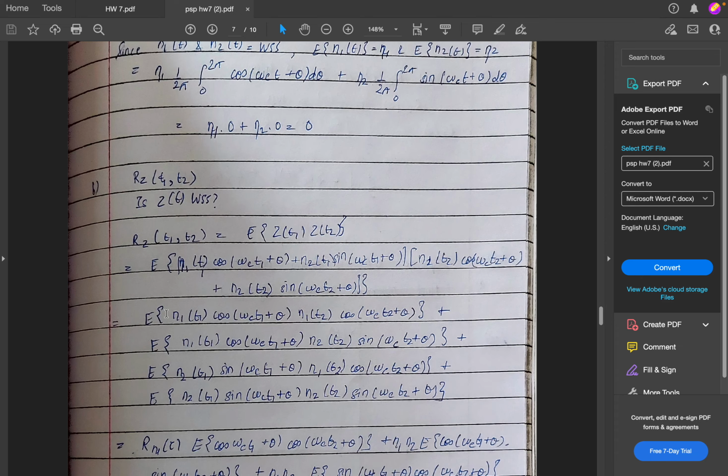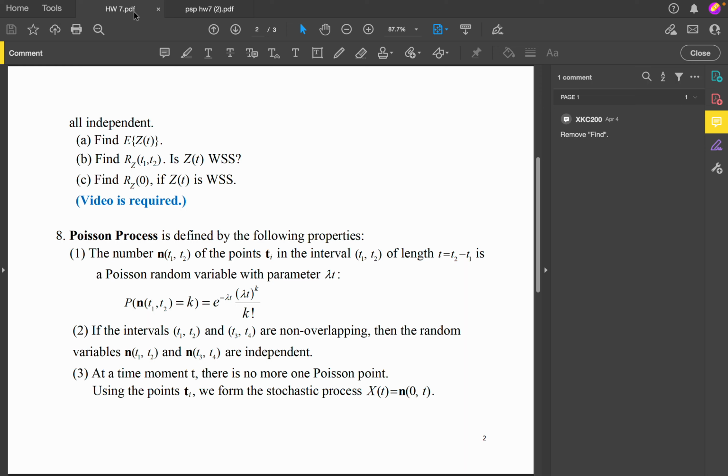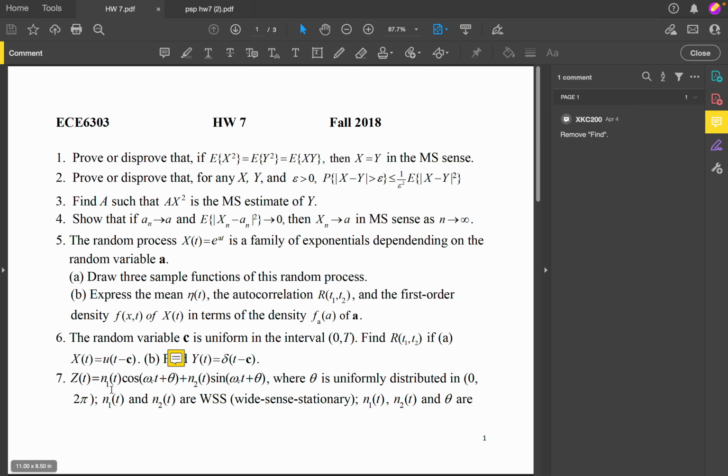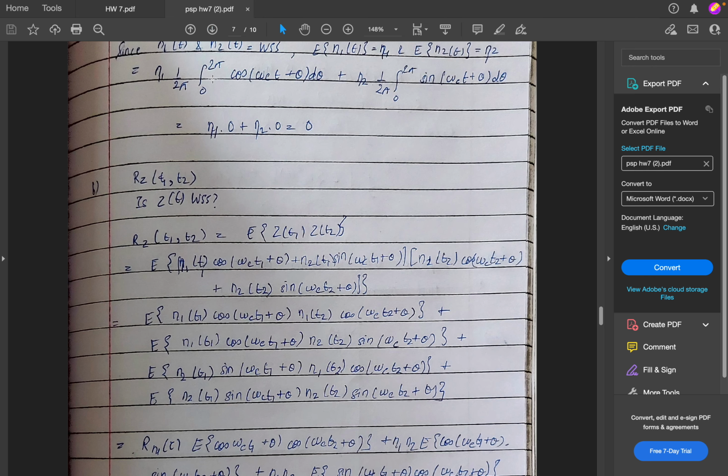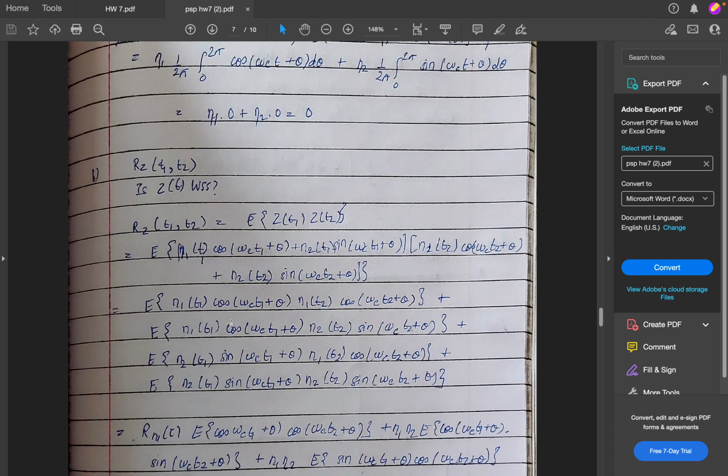Rz(t1, t2) can be written as the expected value of z(t1) times z(t2). We plug in the values of z(t1) and z(t2) from the given equation, and when we expand these terms, it will come out to be 4 terms.